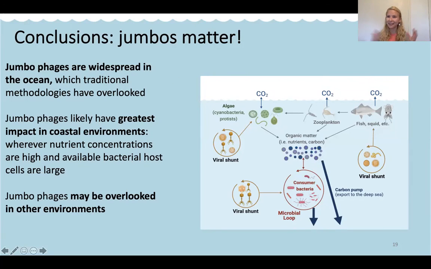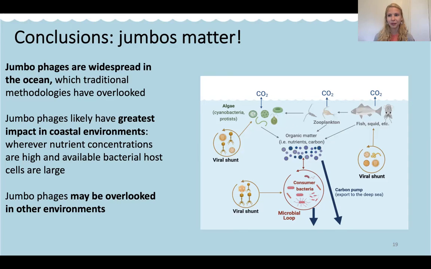So in conclusion, or in summary, we found that jumbophages are widespread in the environment, but traditional methodologies have overlooked them. And we found that jumbos likely have their greatest impact in coastal environments where nutrient concentrations are high and available bacteria host cells are large.